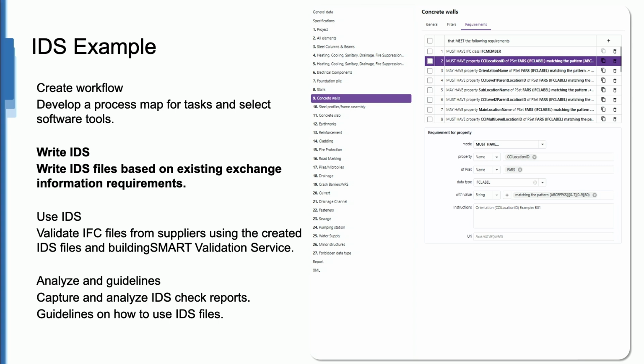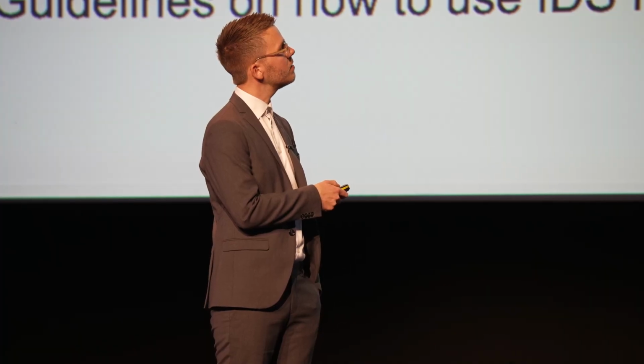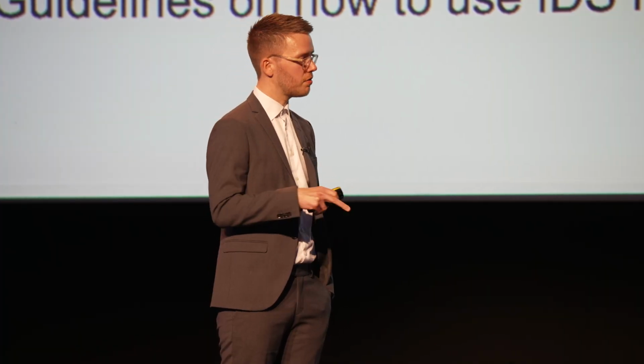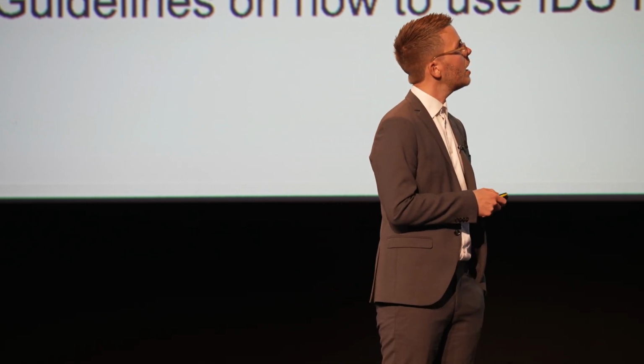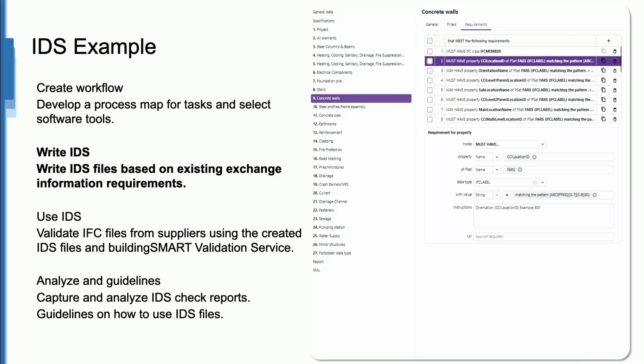And we have defined the data type here, and this can vary from different software solutions. But we have chosen IfcLabel, and then we have chosen what the value should be. So it should be one of these letters, and then a two-digit number. And we can see an example here of what the value could be.